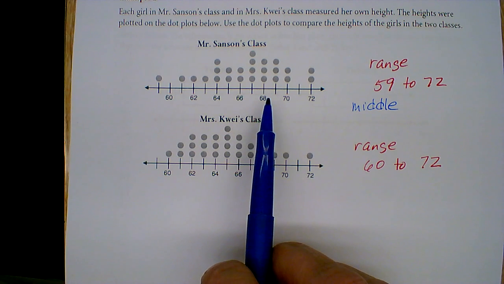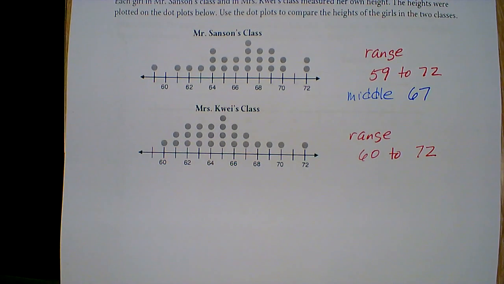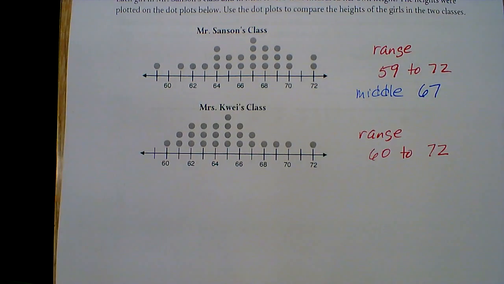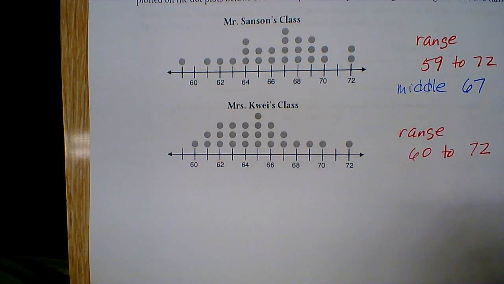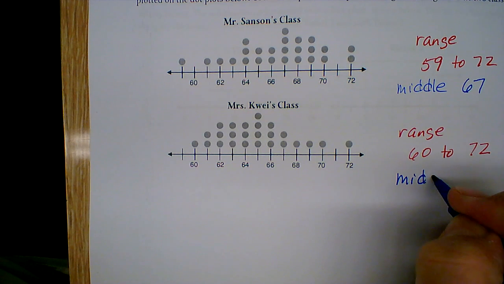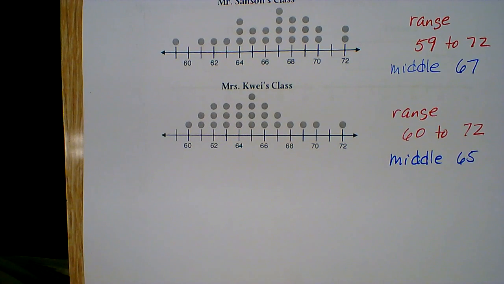In Mr. Sanson's class, they seem to be clustered around 67. And in Mrs. Kwai's class, they seem to be clustered around 65. So their middles are a little bit different.